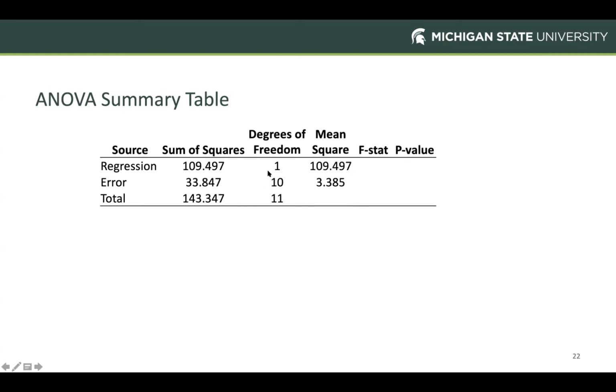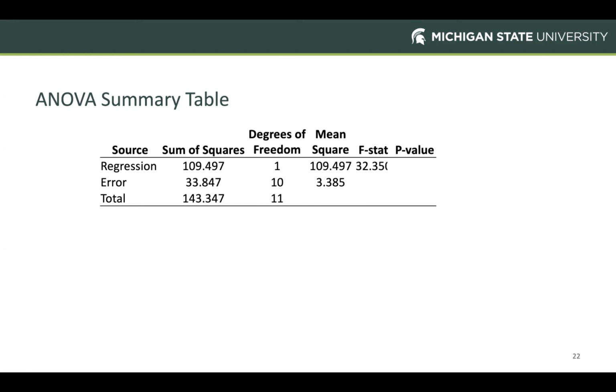And so our regression mean square is 109.497. Since we've got 10 degrees of freedom, our mean squared error is 3.385. And then our F statistic is going to be 32.35. We would compare that to our critical F value. Now, keep in mind, we'd be using nominally the 0.05 significance level table.